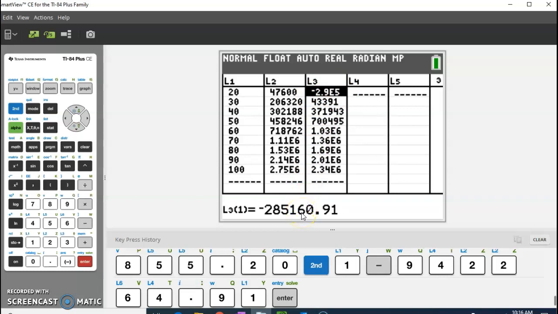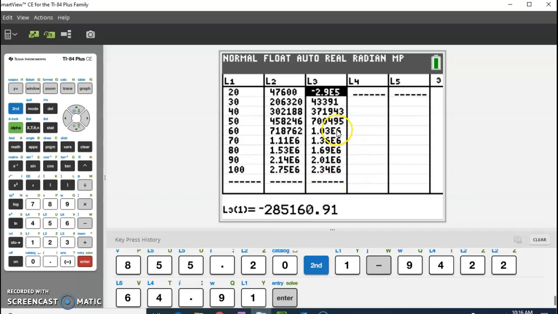So when you go to write it in your table, that's the number you're going to write. For that first linear prediction, you're going to write negative 285,160.91. That's what we're going to write instead of what they have written there.